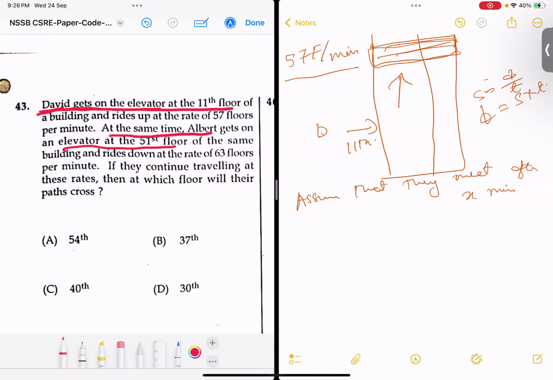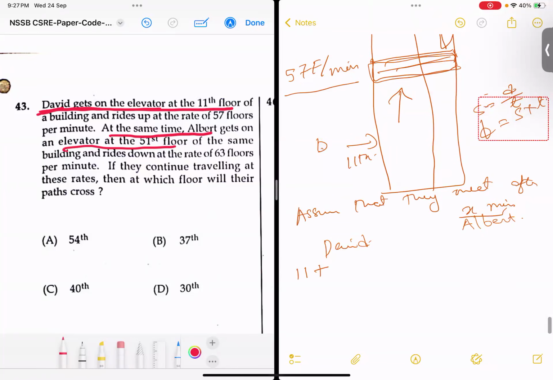Now, let's take the case of David, okay? Here on the left side, we'll take the case of David. On the right side, we'll take the case of Albert. Now, David is already on the 11th floor, right? Which means already the distance of 11 floors has passed. Now, they are going to meet at X minutes, right? Which means what is the speed at which David is traveling?